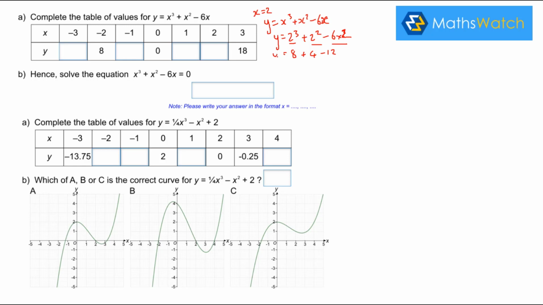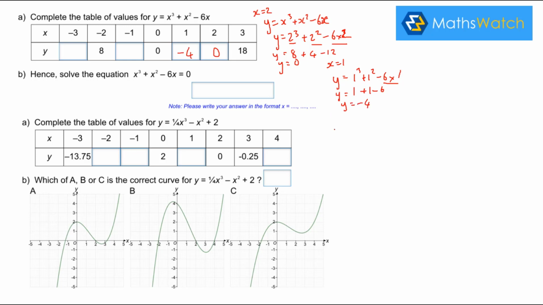So when x equals 1, I'm going to speed up here. y equals 1 cubed plus 1 squared minus 6 times 1. That's going to be 1 plus 1 minus 6. Negative times a positive is a negative. So y equals minus 4. So let's do x equals minus 1 now.